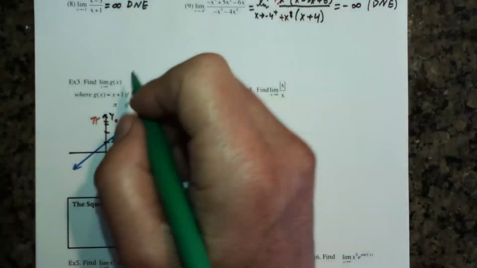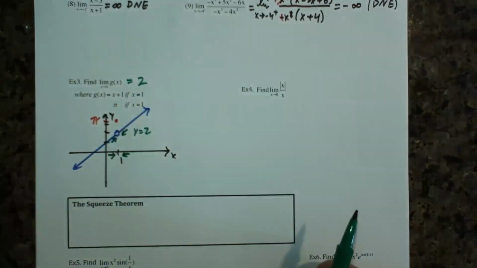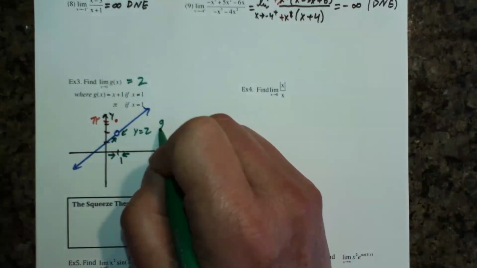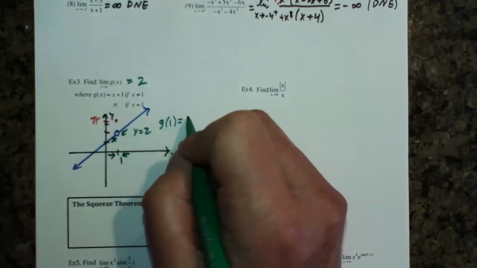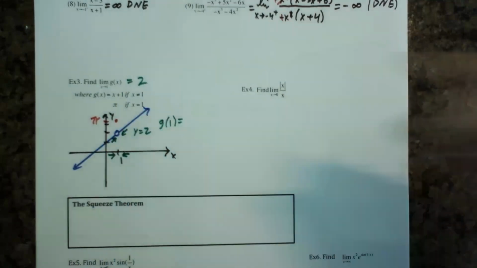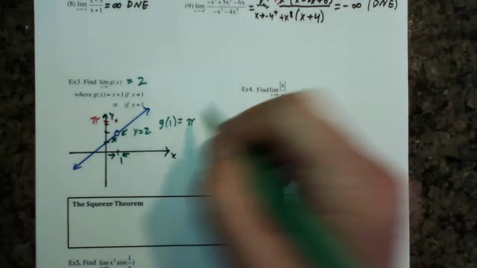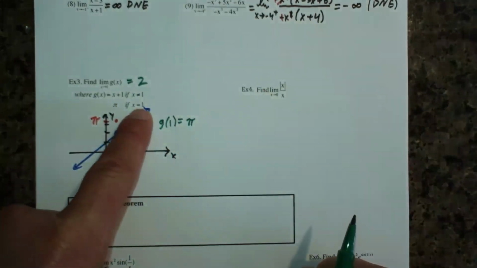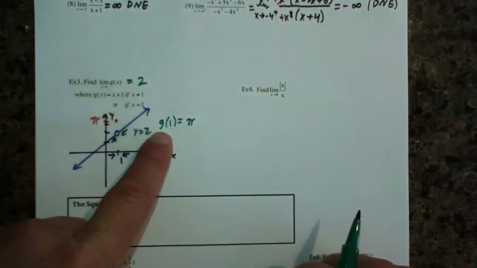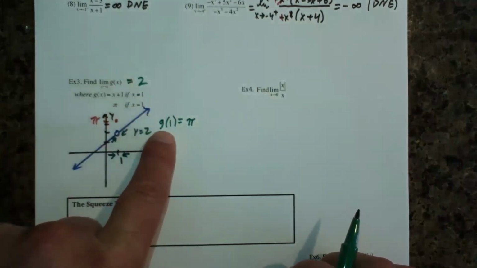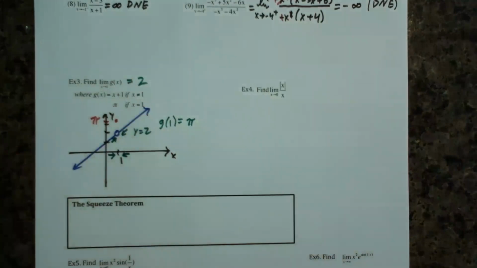So this limit is 2, even though g of 1 is equal to pi. Right, at 1. So the limit and evaluated the function at that value are two different things in this case.